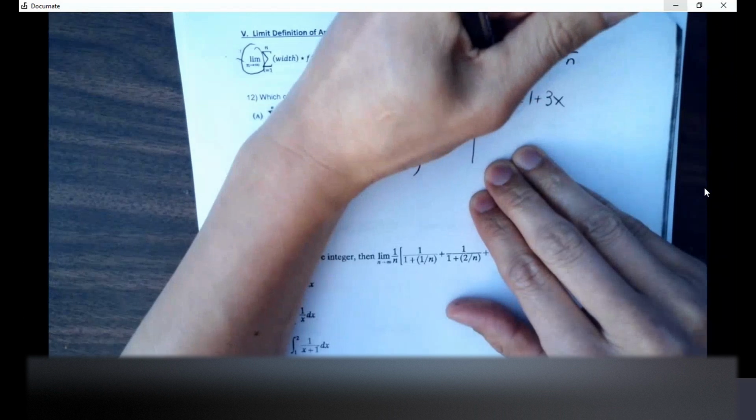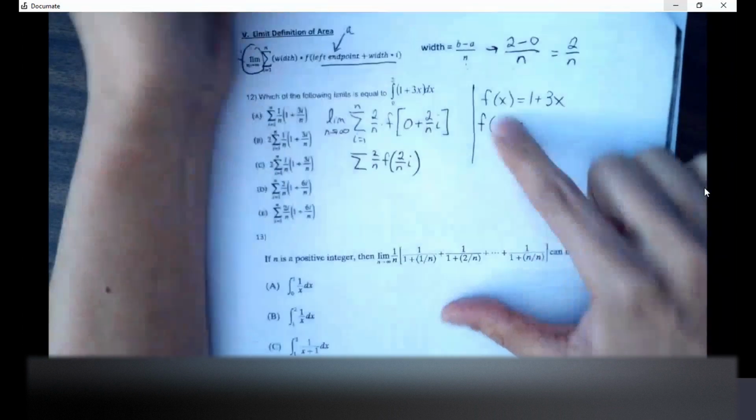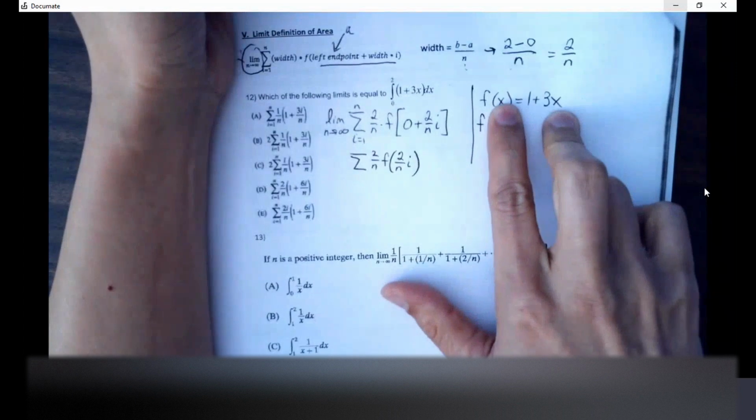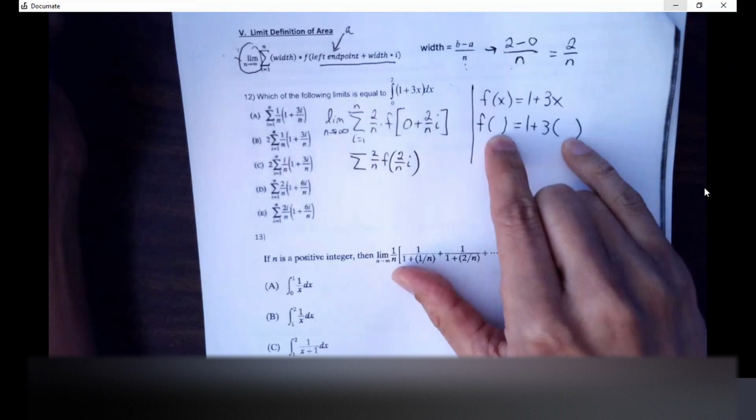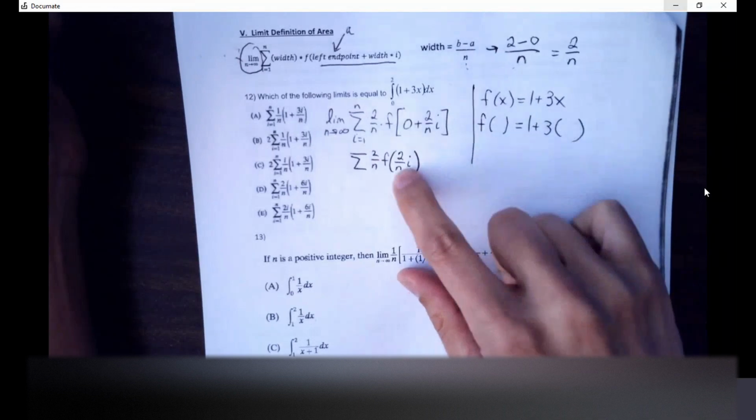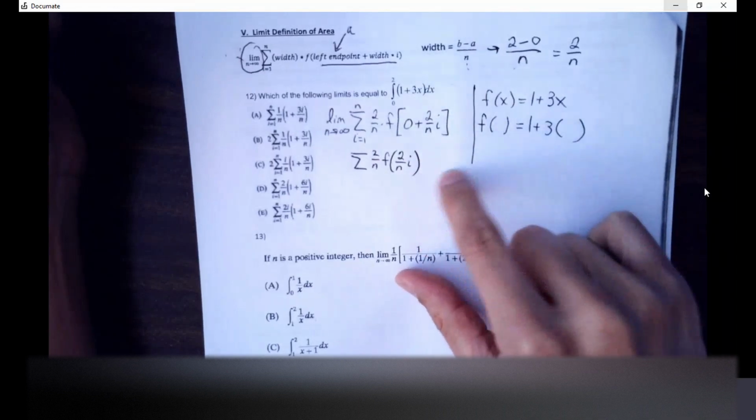So I think the cleanest way, so you're not inserting these into the wrong place, is to rewrite the function, but leave a space where the x was. So I'm going to say f of parentheses equals 1 plus 3 parentheses. So I'm literally just removing an x, and in place of it, I'm putting a parentheses. And now I'm just going to insert the 2 over n i into the parentheses, and that will ensure that I'm not putting the 2 over n i in the wrong place.